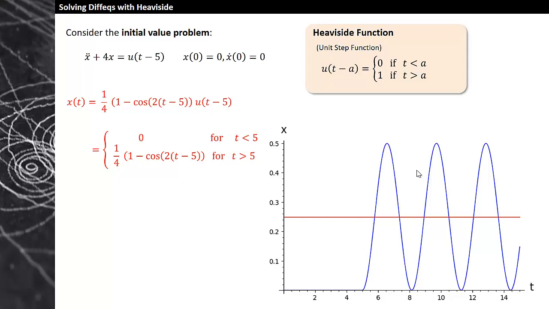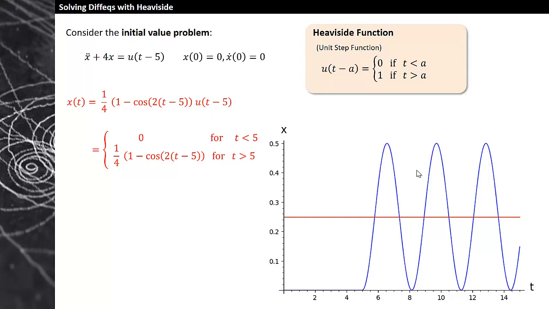I've shown a solution here of what that looks like. For t less than 5, we indeed have 0. For t greater than 5, now the solution turns on, and the solution that turns on is oscillating about the mean of 1/4. That's exactly what you would have gotten if you had solved the inhomogeneous differential equation x double dot plus 4x is equal to 1, namely when the Heaviside function is equal to 1.